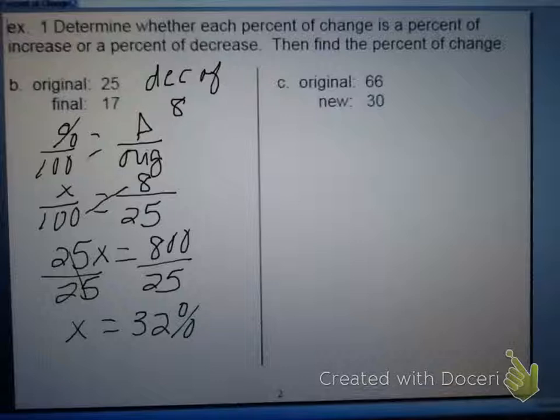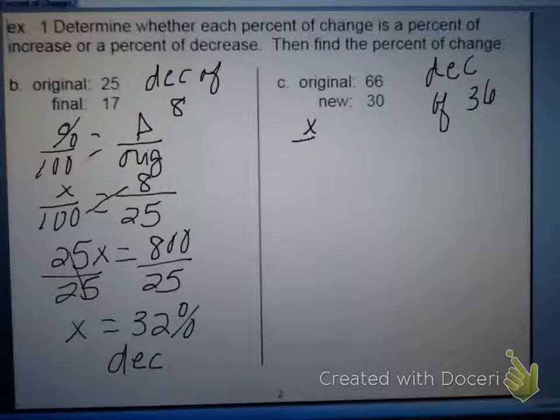Example C, the original is 66 and the new is 30. That is a decrease of 36. Oh, by the way, right here we need to put decrease.